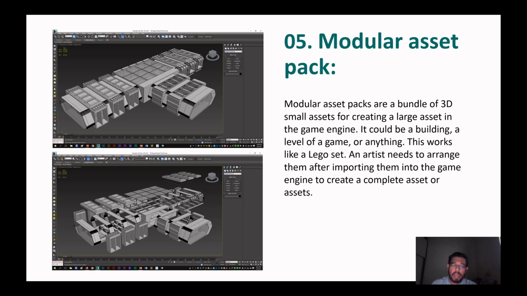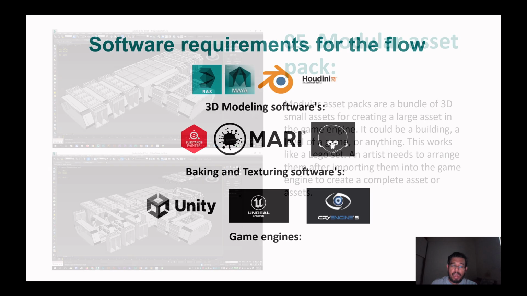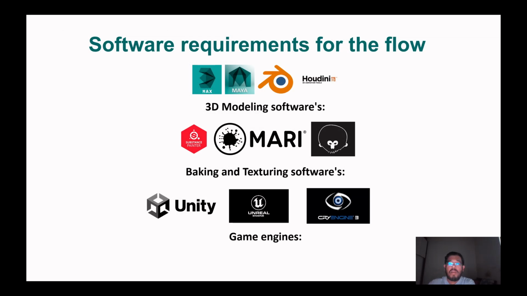Okay, now we come to the software requirements for the flow. I divided the software into three main groups. The first is 3D modeling and animation software. I forgot to add the animation part.